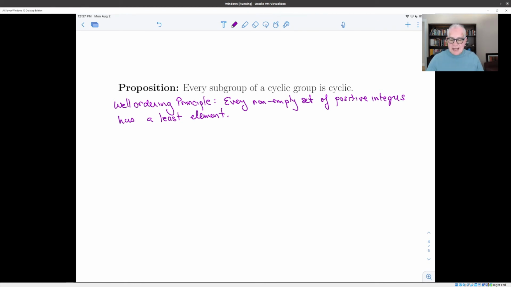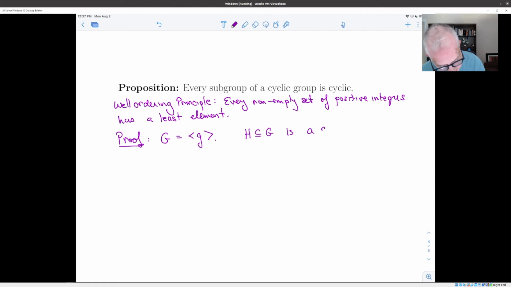Strictly speaking, it's an axiom, but we're going to make use of it in this proof. And so let's see what goes on here. So first of all, G is cyclic, and it's generated by some element g. And H is a subgroup of G.